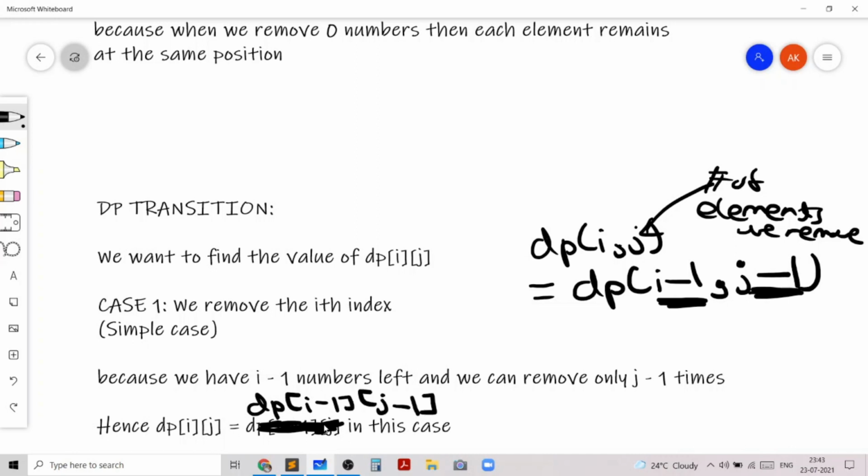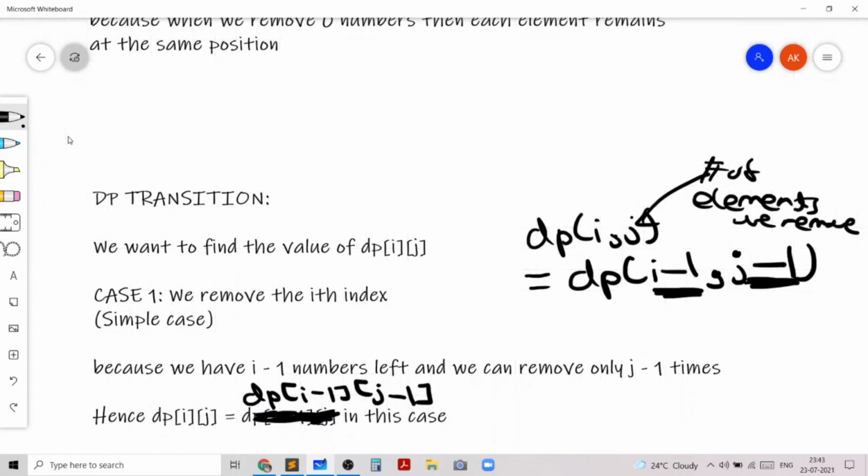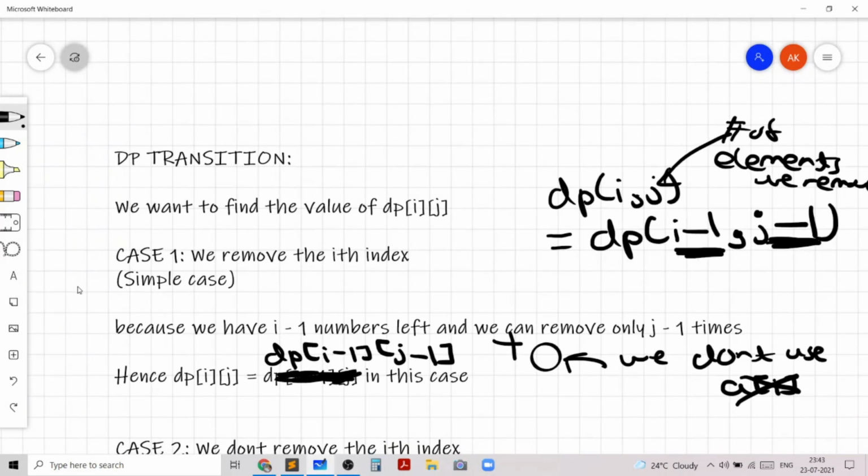And note that since we have removed the index i, it won't contribute to our answer. So in this case it will be plus 0, because we don't use a_i. Basically a_i is removed from our original array. That's why we just do a plus 0.